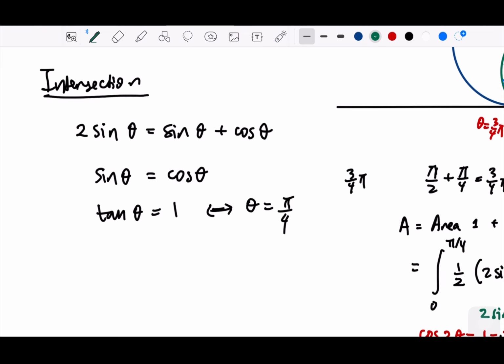So here from this part, we know that tangent theta is equal to 1. The theta should be pi over 4. If we take the other part, it will be 5 over 4.